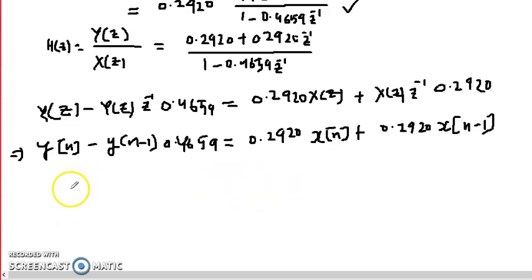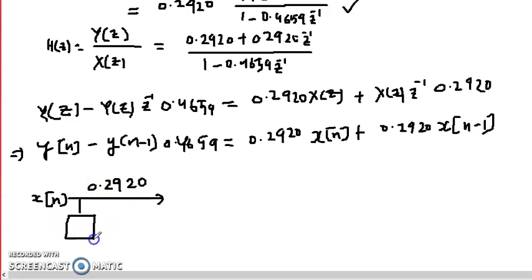Like this. Suppose this is the input x(n), multiplied with 0.2920, and then the delayed input is also multiplied by 0.2920.